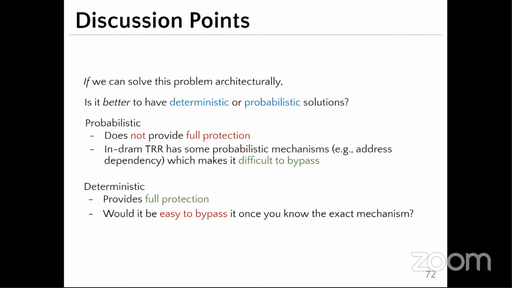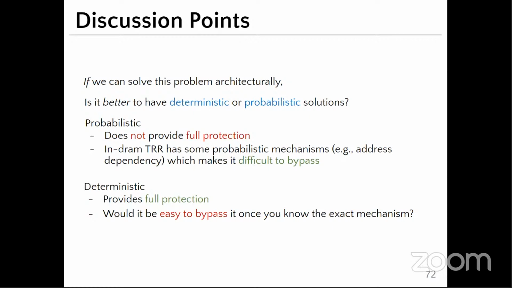Well, the goal would be to have a deterministic model that cannot easily be bypassed, even if you know the mechanism behind it. But the problem with deterministic approaches is usually that they are much more costly in terms of area that you need to save information, compared to probabilistic approaches like PARA, for example, which is very easy.